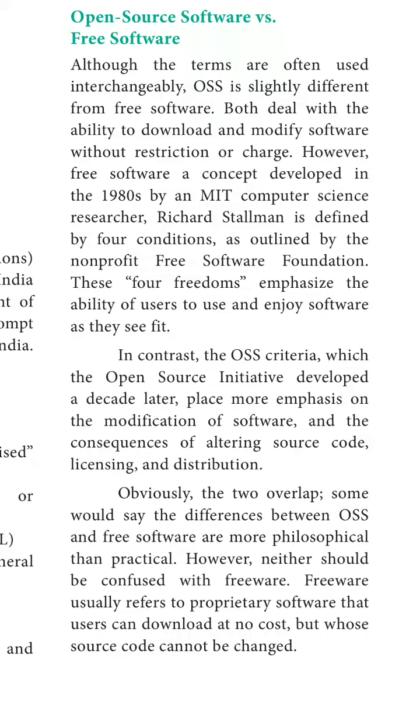Free software is a concept developed by MIT computer science researchers in the 1980s. It defines four conditions. It gives you four freedoms, emphasizing the ability of the user to use and enjoy software as they see fit.